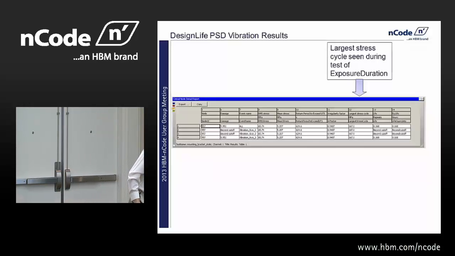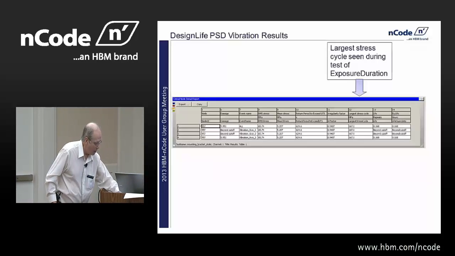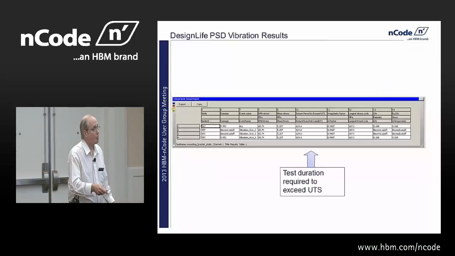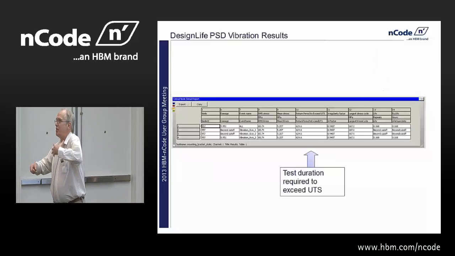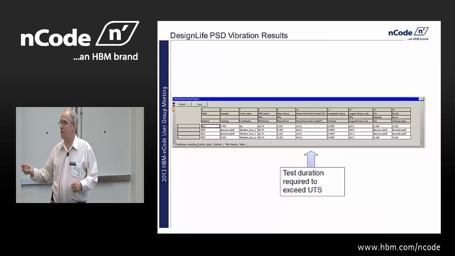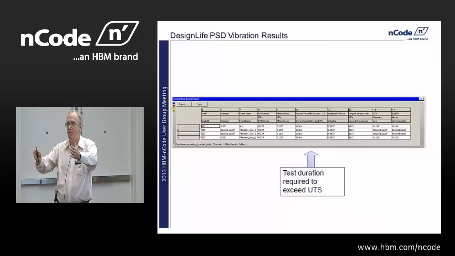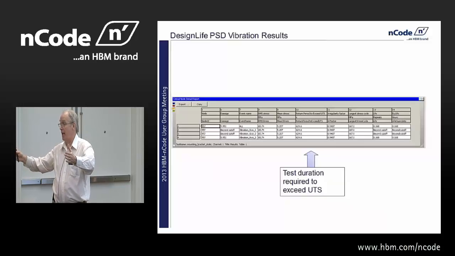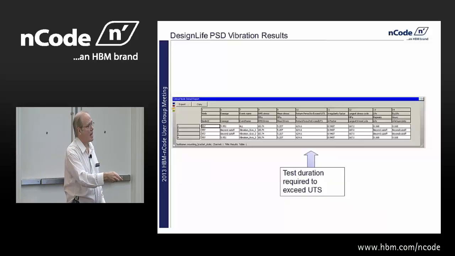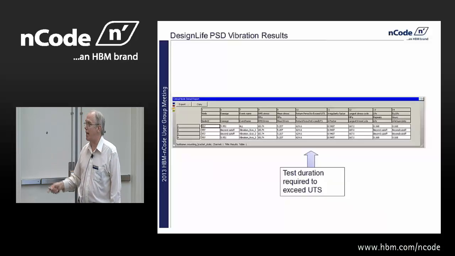There's another one here that's useful as well, and that is the same information just in a different way, and that is, again, how long it takes to hit UTS. Remember, I have this probability density function that if I run long enough, I'm eventually going to hit a big cycle. So this is how long I have to run, in seconds, before I hit UTS.